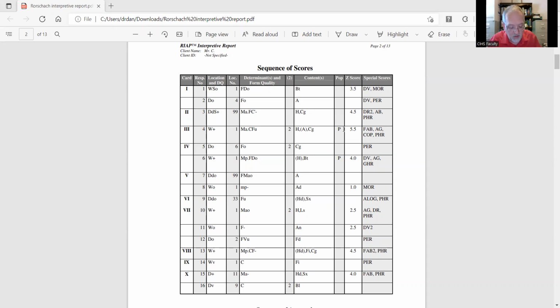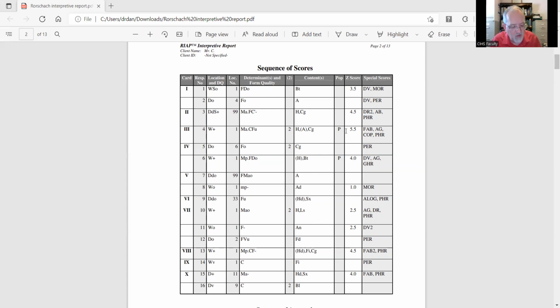And so you would just use, again, the Exner system to tell if it's a popular response or not. The Z-scores we talked about, again, that's from the Exner system. I guess we didn't talk about that, but in the book, there are certain Z-scores that are attached based on the research that's been done.